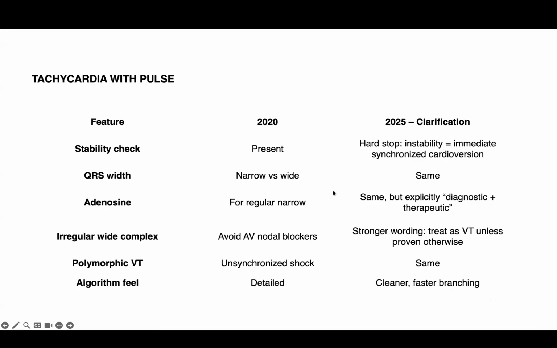Then the narrow QRS pathway is still the same. Adenosine is still the same, but explicitly diagnostic and therapeutic. Irregular wide complex, stronger wording: treat as VT unless proved otherwise. Polymorphic VT is still the same, and it now provides cleaner and faster branching compared to the previous algorithm.